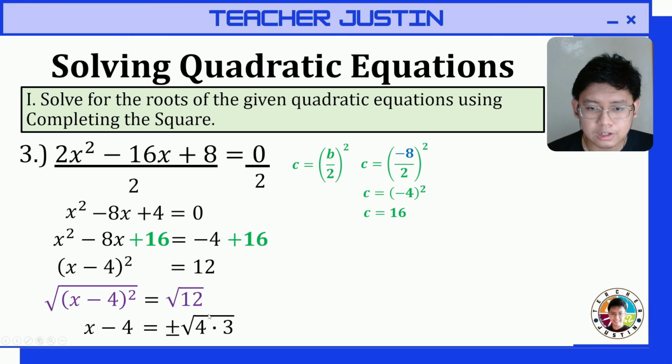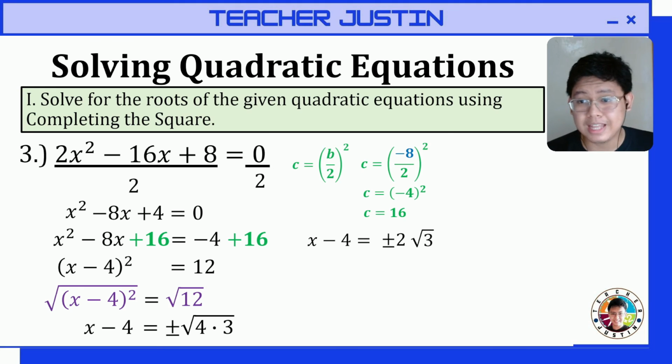The factors of 12 with a perfect square are 4 times 3. Then we get the square root of 4 and the square root of 3 separately. That will give us x minus 4 is equal to positive negative 2, since that is the square root of 4, times the square root of 3, because we can no longer simplify it. So x minus 4 is equal to positive negative 2 square root of 3.